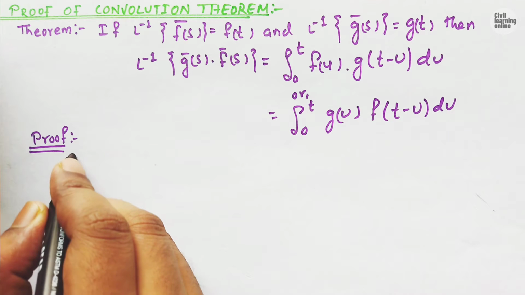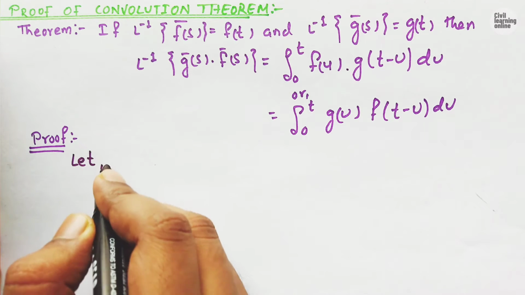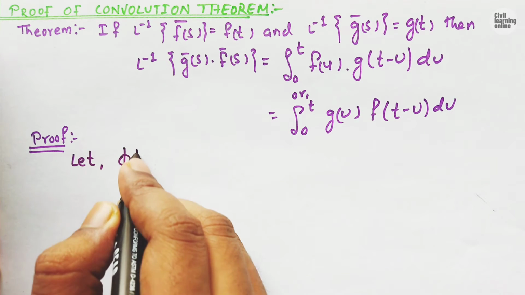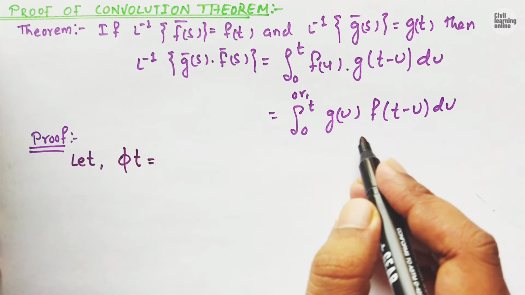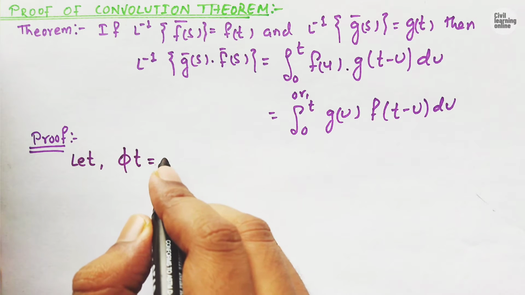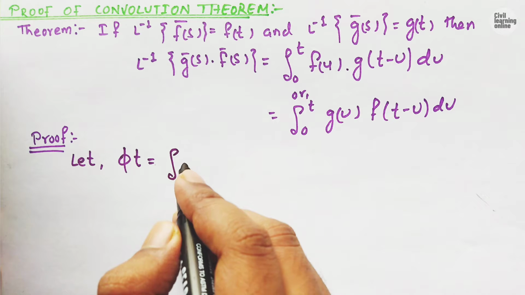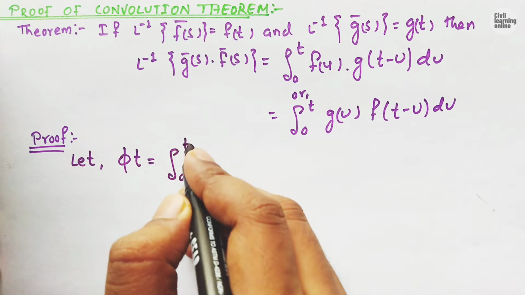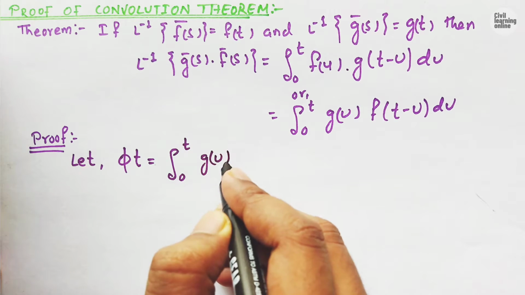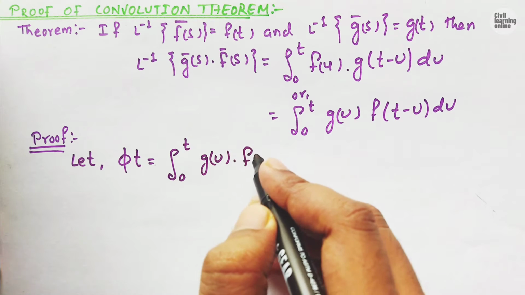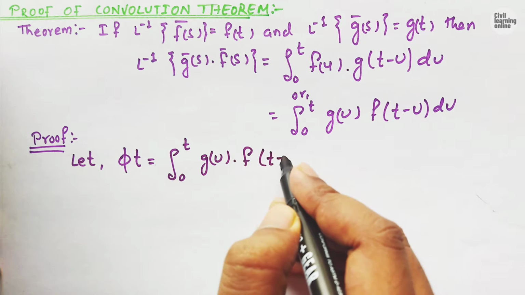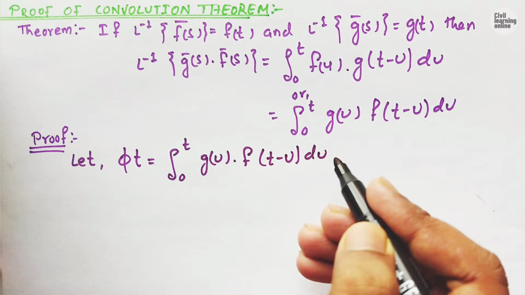Let us suppose phi t equals, let's proceed with this expression, integration 0 to t g u times f t minus u du.